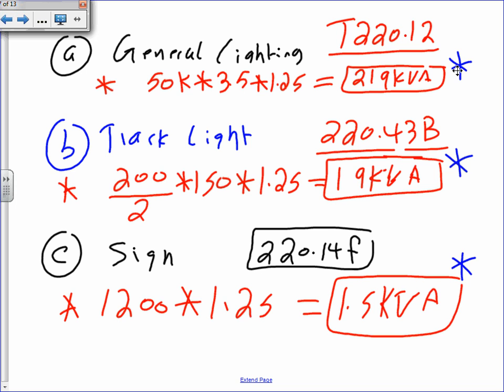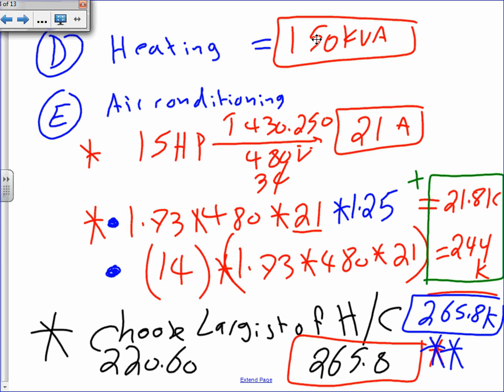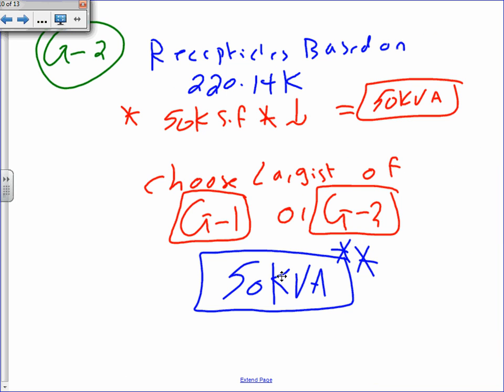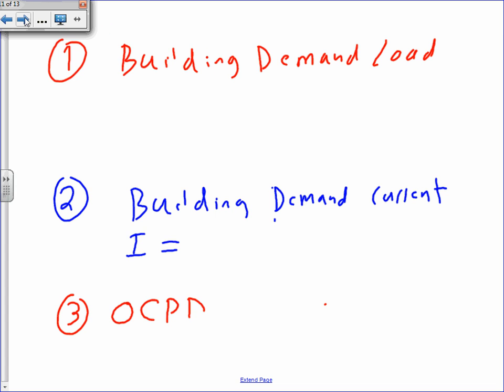The demand for the light, the track light, the sign light, we're going to add them up. Then the heat and the cool, right here, heat, cool. And then we're going to do the computer. Then the receptacle demand. So I want to add them up. So let's go.